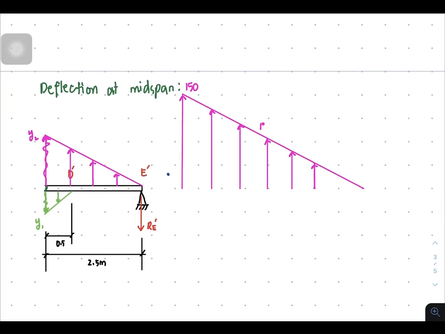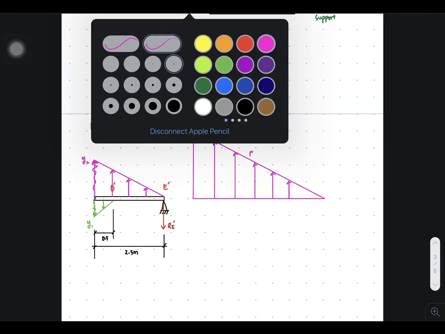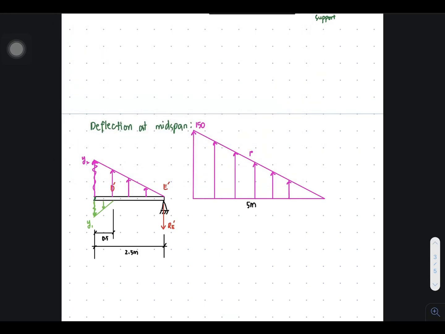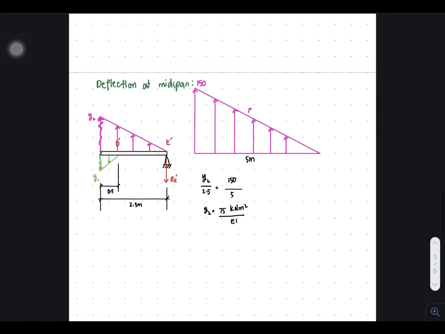Also this one, and then I'll have here. So I can now get the proportion, right? Because this length here is 5 meters. So y2 over 2.5 is equal to 150 over 5. So y2 is 75 kilonewtons square meter over EI.